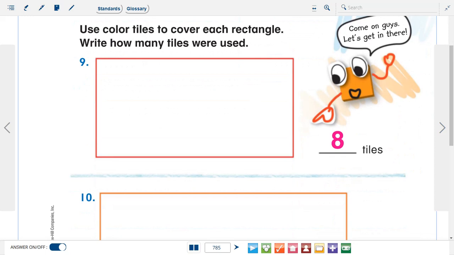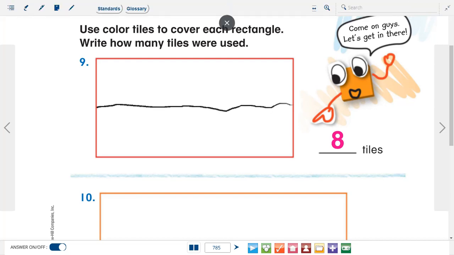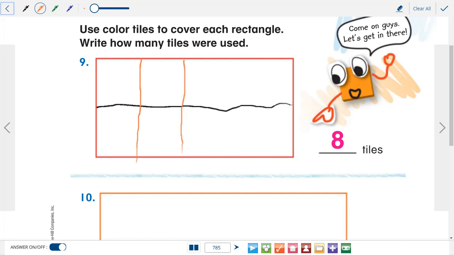So you have to divide this shape first from the middle. I know that my drawing here is not straight, but I wish you use your ruler to make yours straight. Okay. So we know that they are squared, so I'm going to cut them into 8 squares.